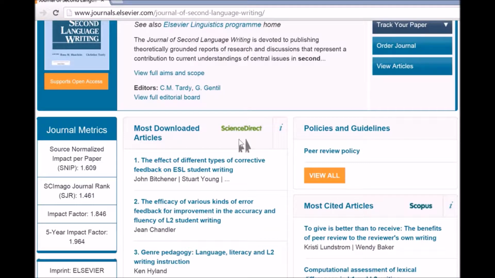And the third article is about genre. You can kind of get a sense of who's publishing in these journals. At least the first and third articles are fairly well known. And again, you can get a sense of the topics. At least you know if you're writing a paper on corrective feedback or on genre, this would be a fairly good place to go.